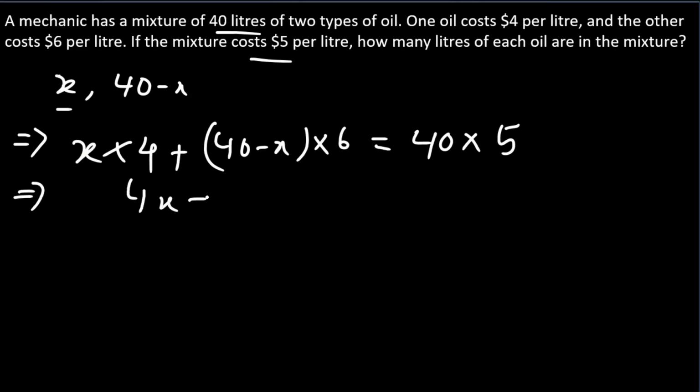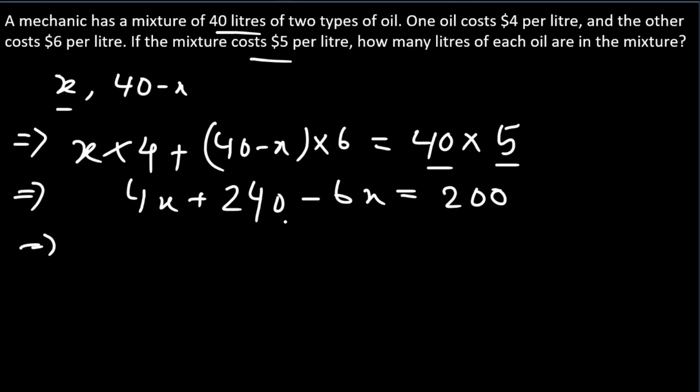So here 4X plus 40 times 6 equals 240, minus 6X equals 40 times 5, which is 200. Now we get positive 4X and negative 6X, so we will get 240 minus 2X equals 200.